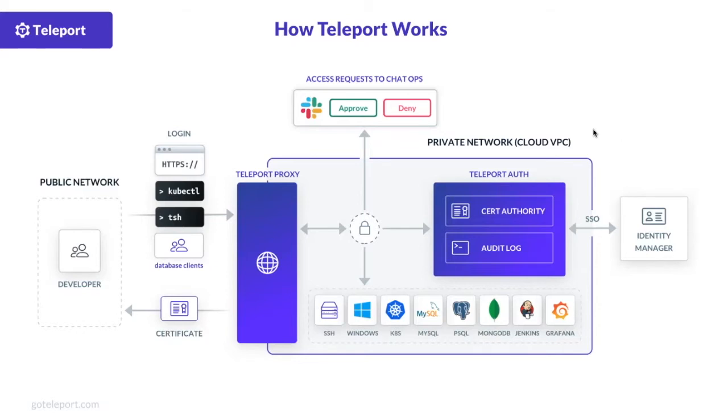So some of those things you can specify in a Teleport role are what users somebody is allowed to SSH as, how long their access is good for, what Kubernetes groups they get to be a part of, and also what labels they are allowed or not allowed to access. So with Teleport, you can associate labels with all of your infrastructure and then allow or deny based on those labels.